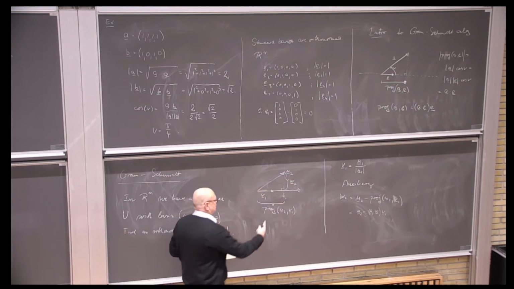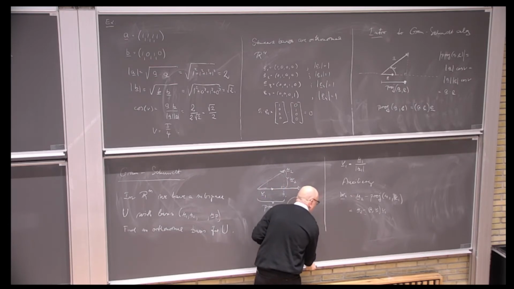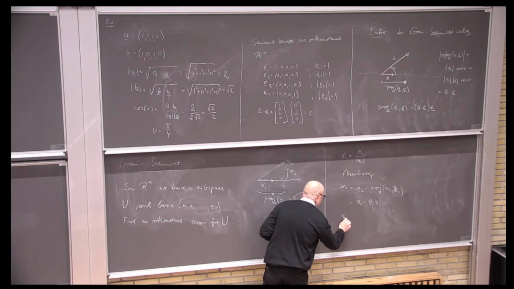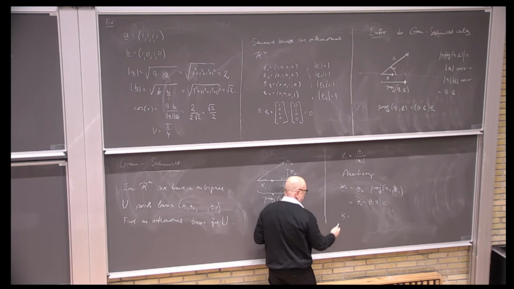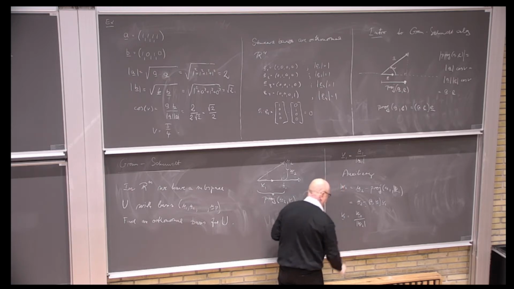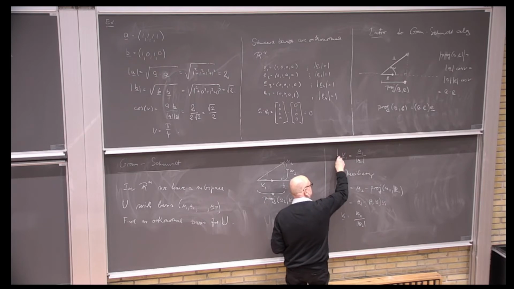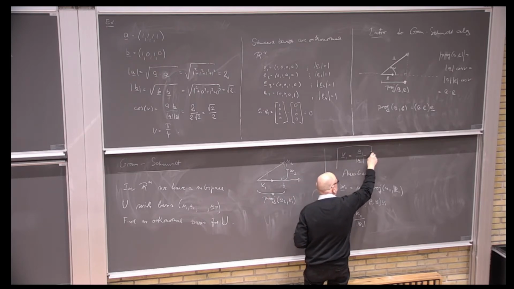So this is this vector here, and in order to get an orthonormal basis, I norm this vector. That is, I divide it by the length of the vector. So let me just frame these two.